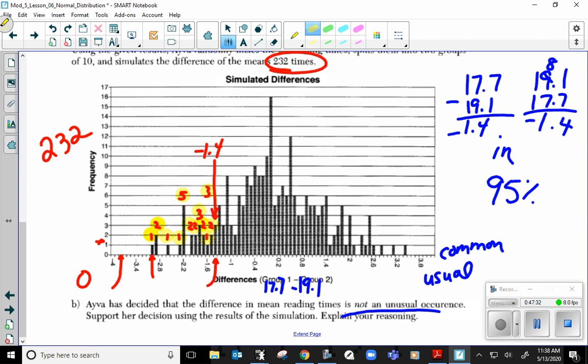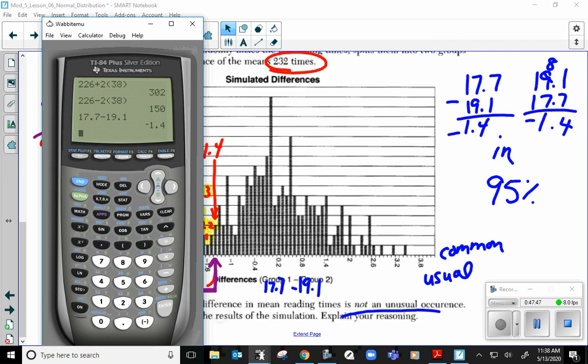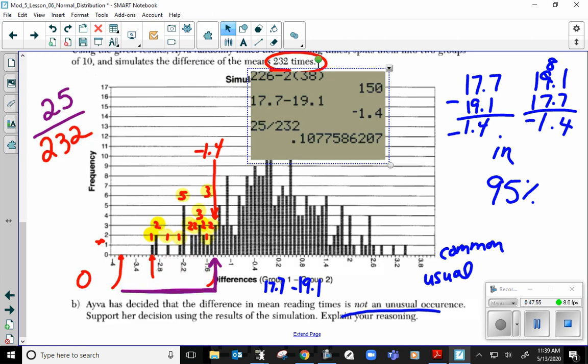So this low end right here represents 25 out of my 232 simulations. If I do 25 divided by 232 and slide the decimal twice, I get 10.7%.